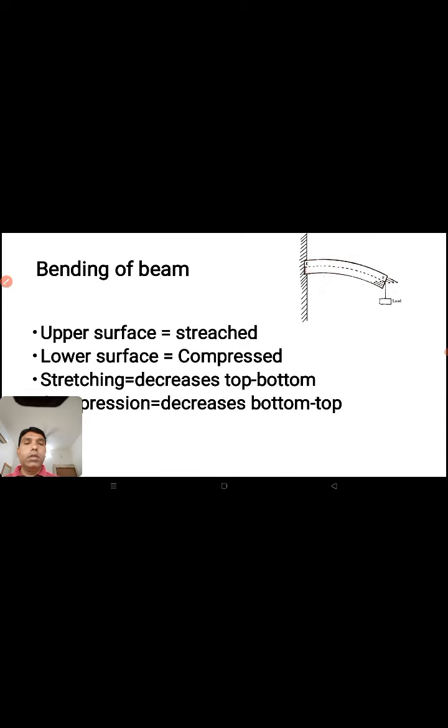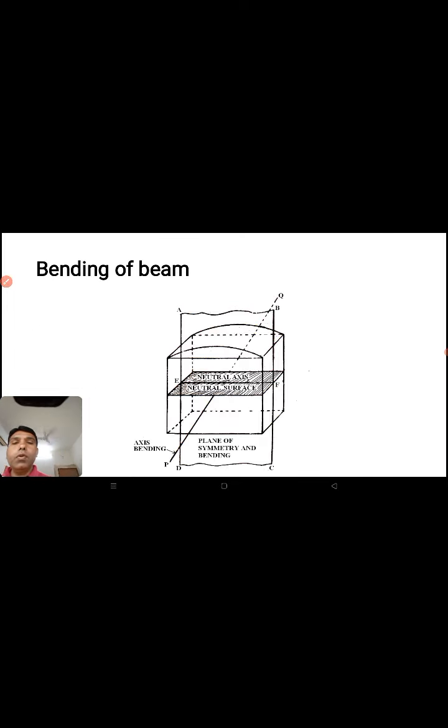Now, if we take a cross section of this part, we will see other parts shown here. Here, EF is the neutral axis, where there is no compression and no extension.